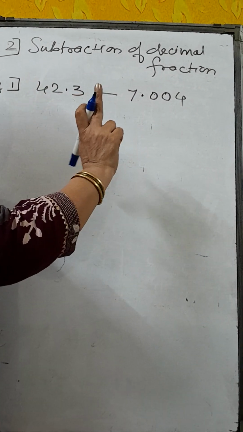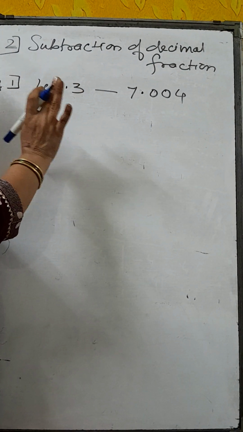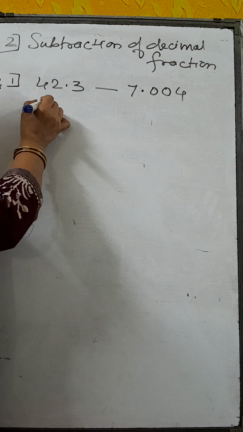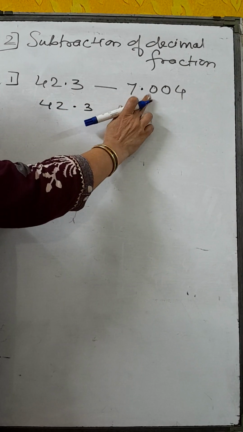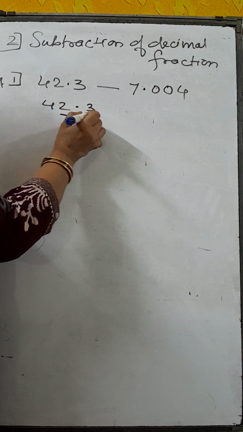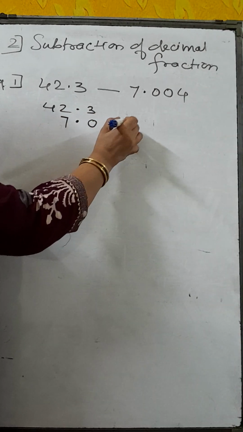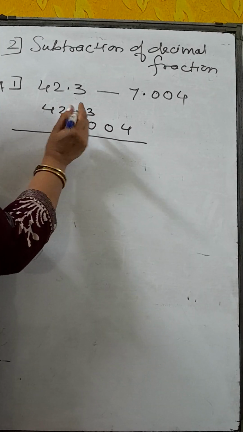Listen very properly. Our rule is the same for addition and for subtraction. First write the first decimal, then for the second, below the decimal point, the decimal point, 7 will be here, then 004. What is the importance in decimals?